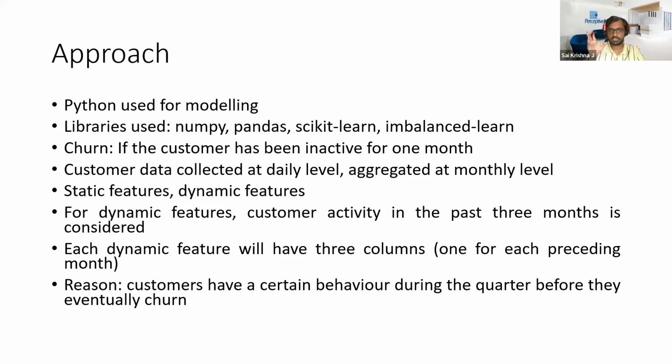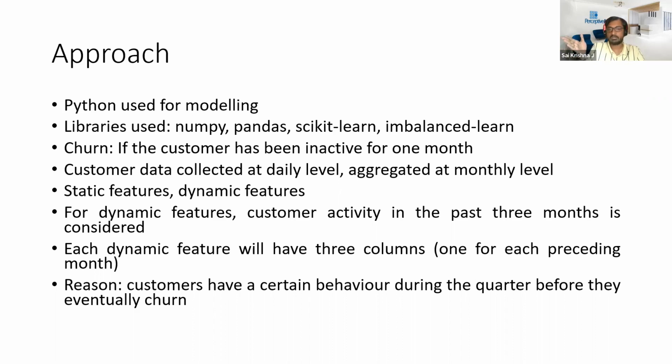Those features they classify into 2 types primarily: static features and dynamic features. Static features are things like the customer's country, state or city, the company size, the revenue band, how many employees they have.